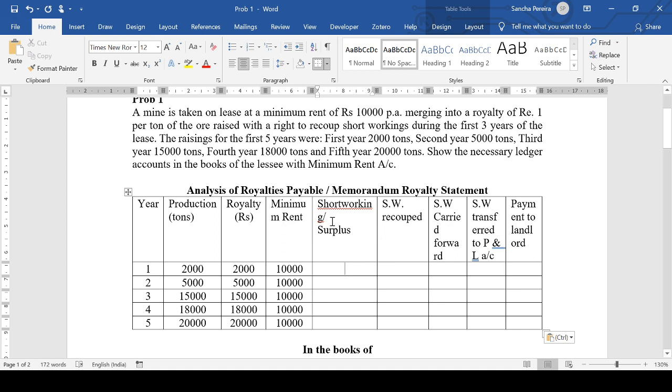Now we'll have to start calculating year by year. You can write this also year by year as we come, but it's better since it's all information given to you, it's going to remain the same. That doesn't change. So you can write it in advance and then do the remaining year by year.